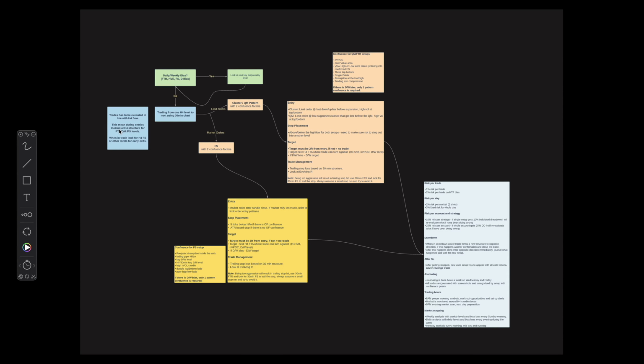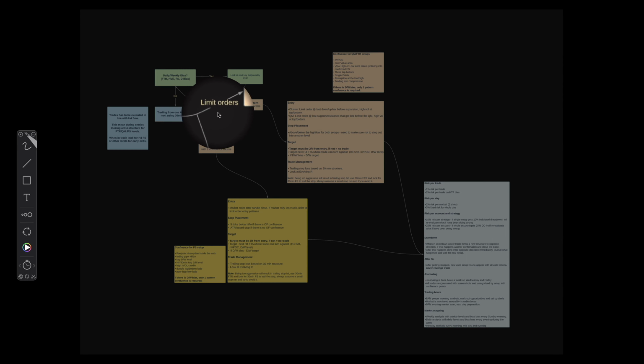This means during entries on a 30-minute chart, I'm looking at H4 structure for the cluster, QM, or failed swing levels. When in trade, I'm looking at H4 failed swings or other levels for early exits. When trades are going my way, but there is some nasty H4 rejection from a level I wasn't expecting, I need to question if I want to be in that trade any longer.